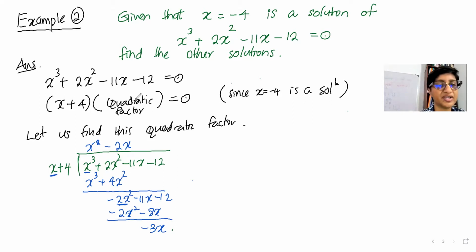This is the product of these two. Here I go, I get no remainder. So there's my other factor: x squared minus 2x minus 3 is my other factor.